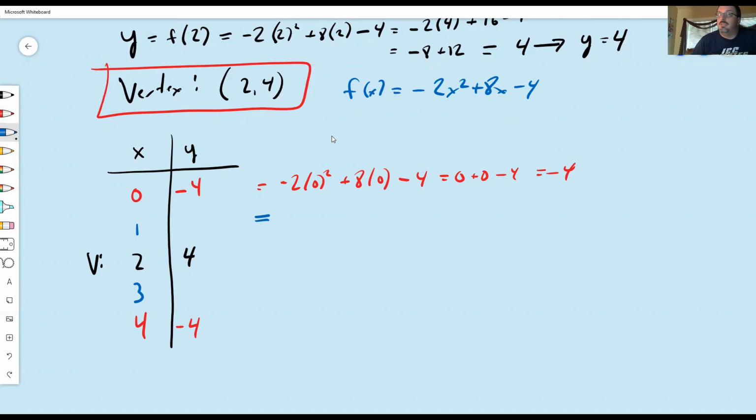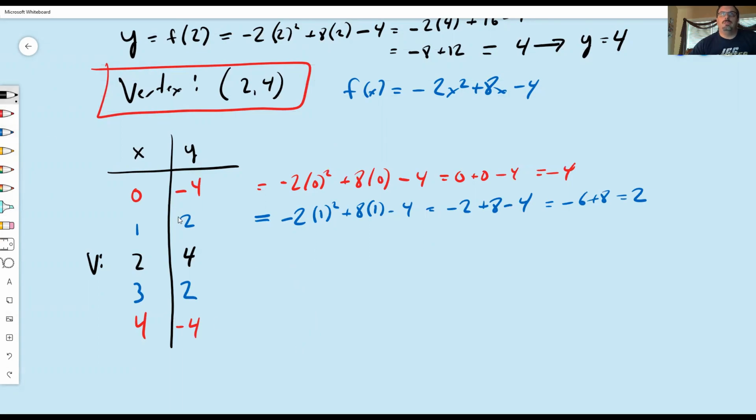And then we're going to do 1 and 3. 1's going to be easier, so -2 times 1 squared plus 8 times 1 minus 4. So -2 plus 8 minus 4, or -6 plus 8 gives you positive 2. There we are.